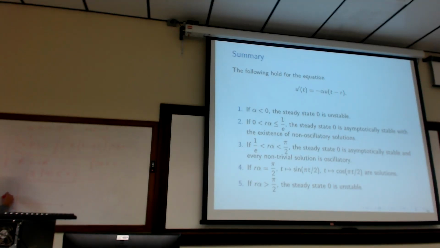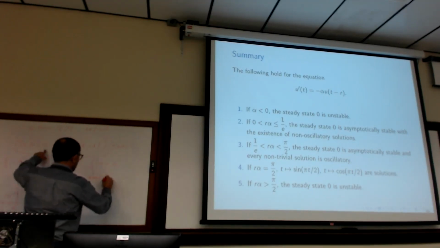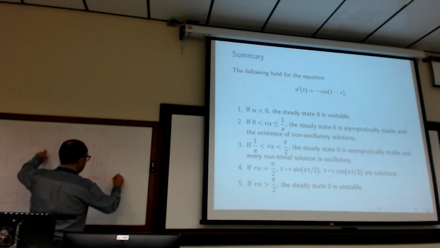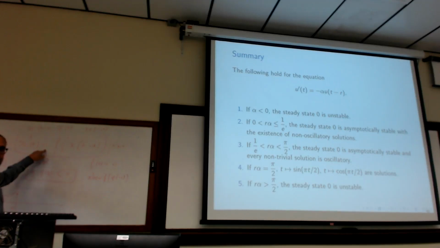I have the initial condition here. Now I want to know what this derivative is for t equals 0. It's x prime of 0 equals f of phi of minus 1, because it's in the past.